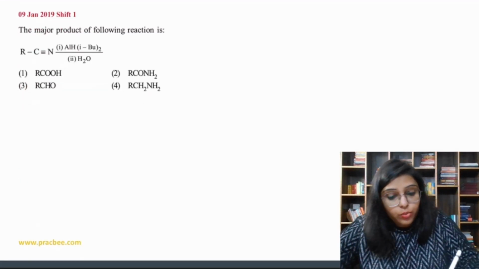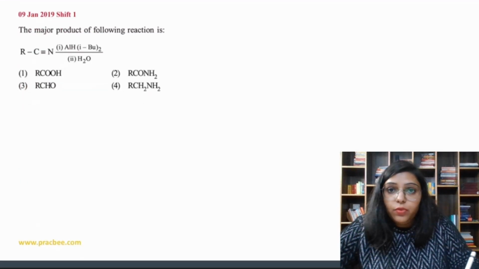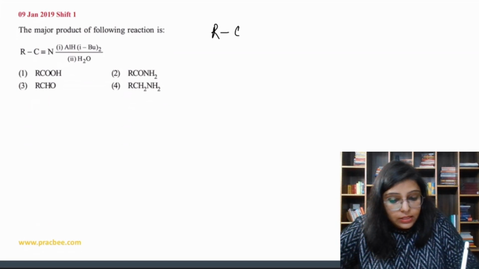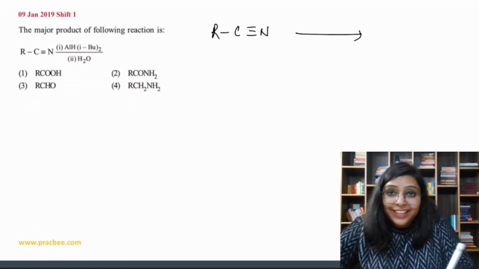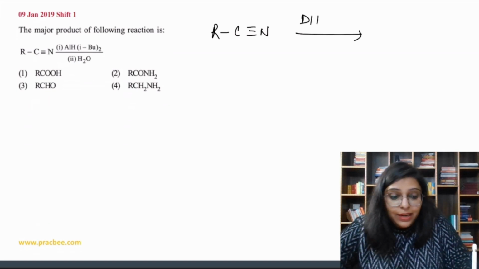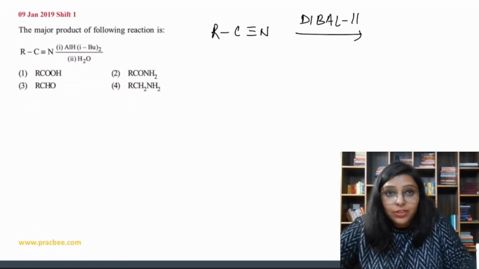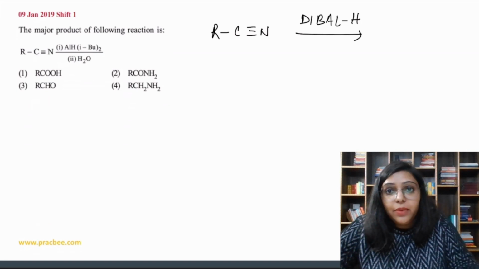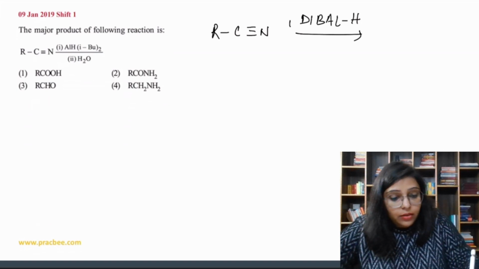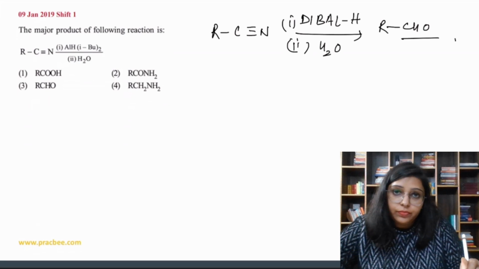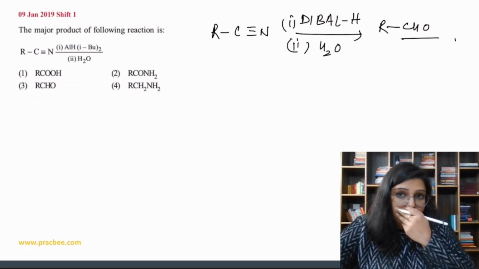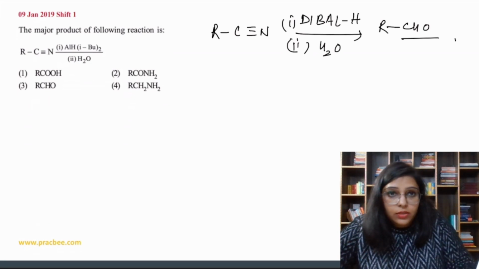Now next question, the major product of the following reactions. So we have RC triple bond N and this is diisobutyl aluminium, so this is DIBAL-H, diisobutyl aluminium hydride, right? And then we have water, so we have RCHO. So cyanides are converted to RCHO.